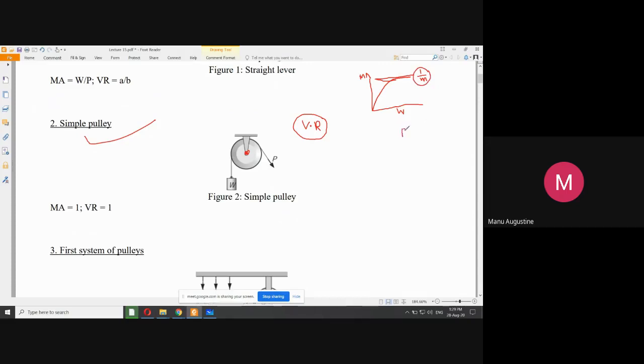What is the law of machines? P is equal to mW plus C. So from the law of machines, m is the constant slope, and the maximum value of mechanical advantage with respect to load that can be achieved for any machine is 1 upon m.